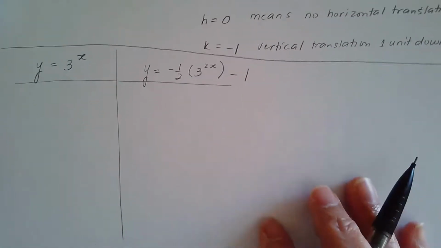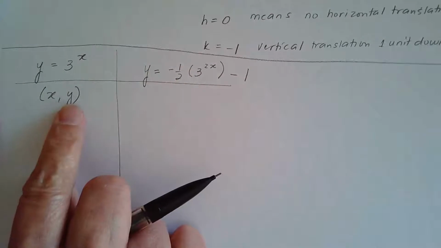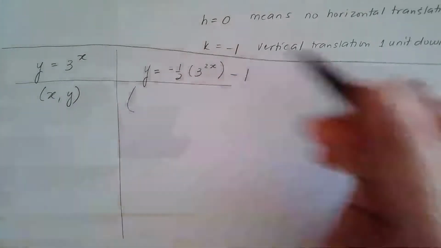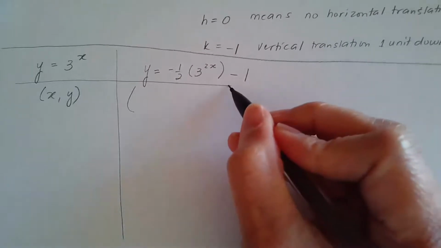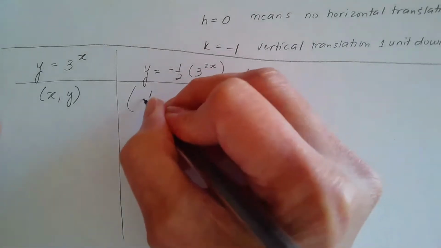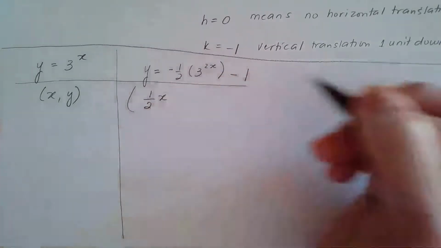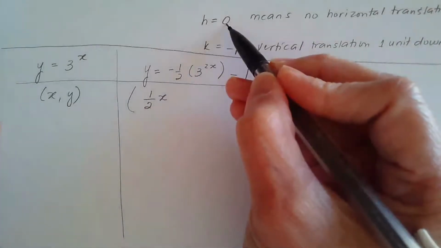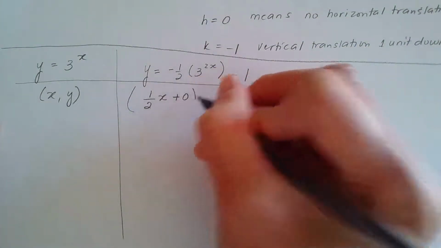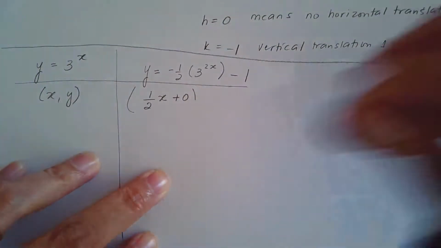So this is my x, y point, and over here will be the mapping: 1 over b, so 1/2 times x plus h, which is 0, so plus 0. I'll just put it in there so we know where those numbers are coming from.